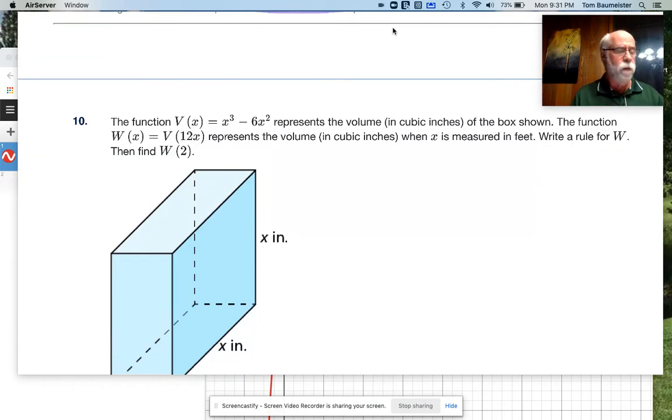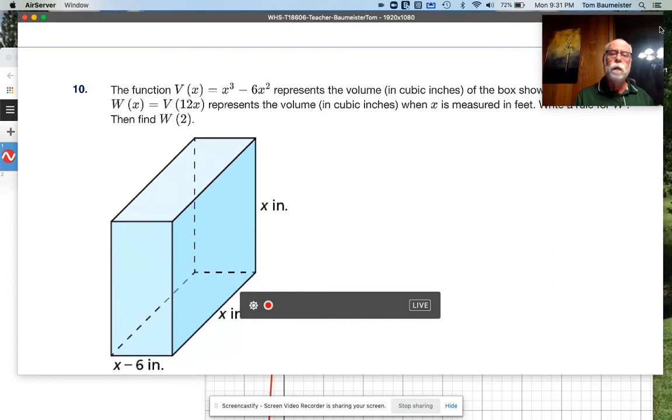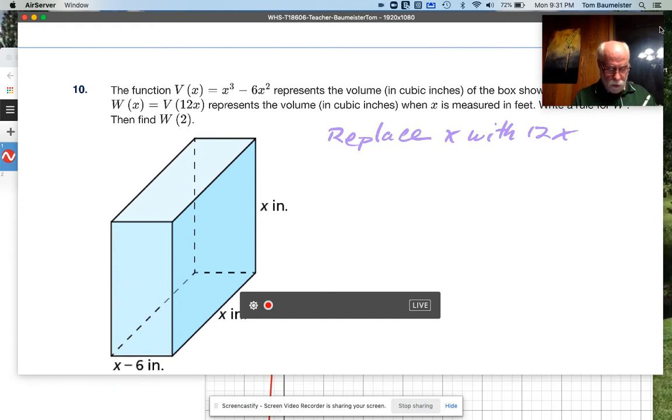Number 10, we did a problem like this in the notes. Remember, same thing like we just did. We're going to replace our x with 12x in v of x.